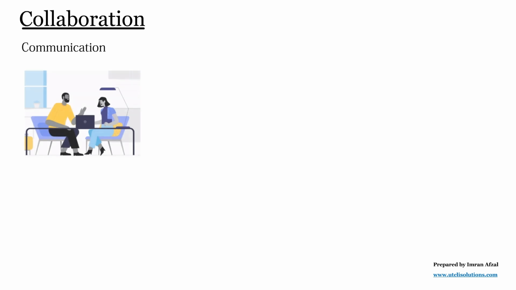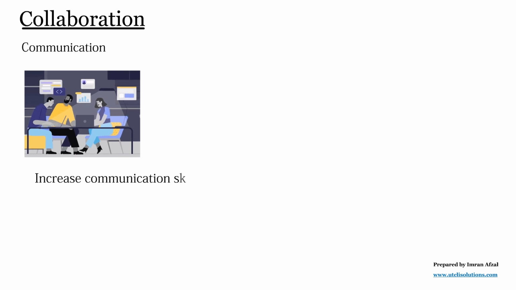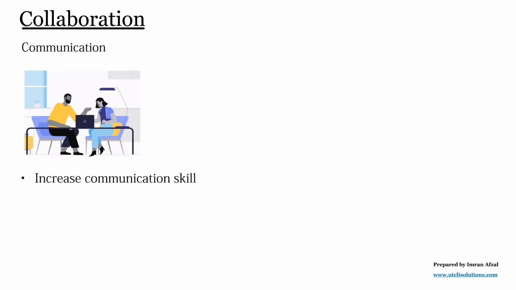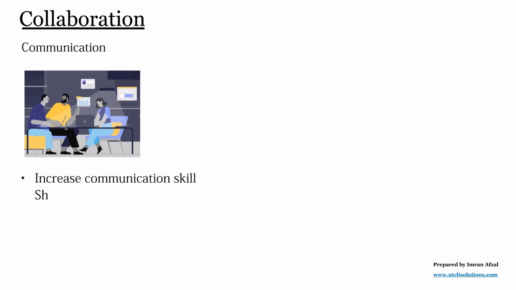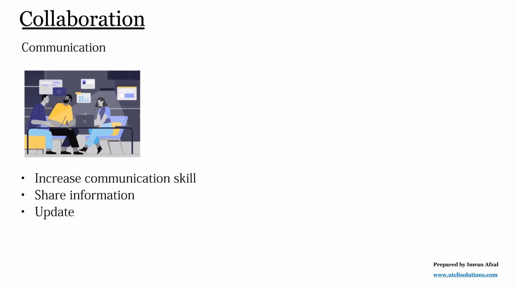Then communication. Effective communication is crucial in DevOps collaboration. Teams should establish open and transparent channels for communication purposes so they can share information, updates, and concerns with each other. Then automation and tooling.